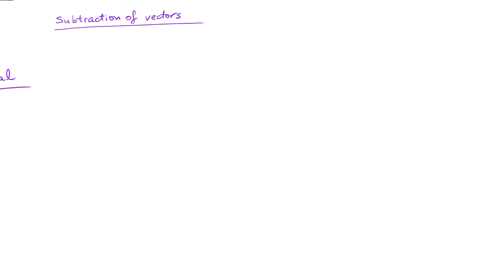For example, if you have a vector A and you multiply this by -1, then you end up getting -A vector, which has the same magnitude but the opposite direction.